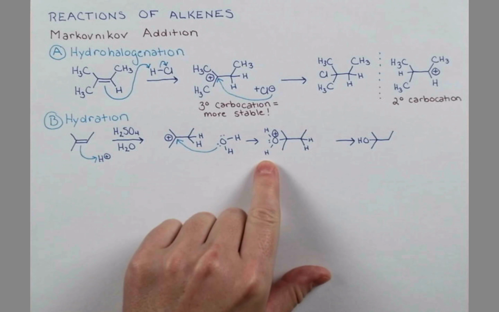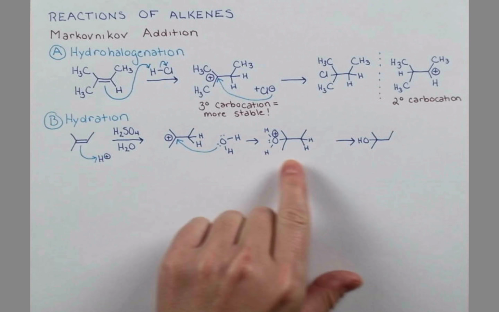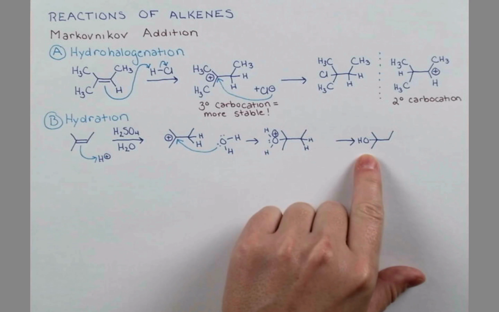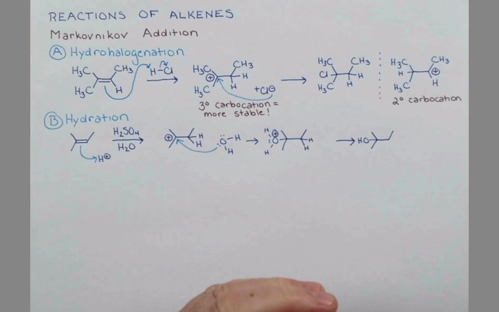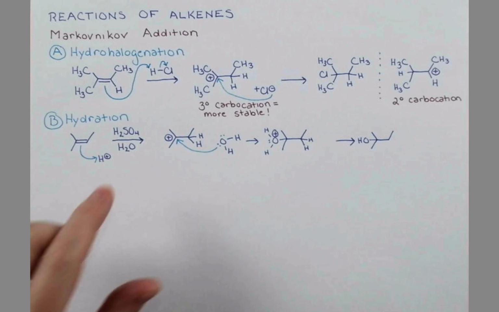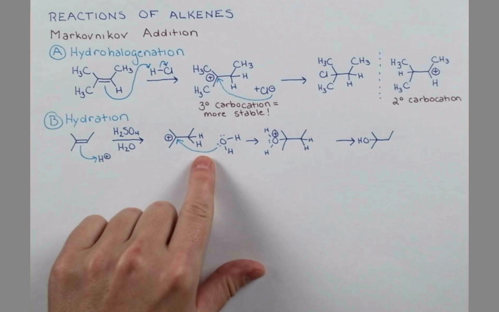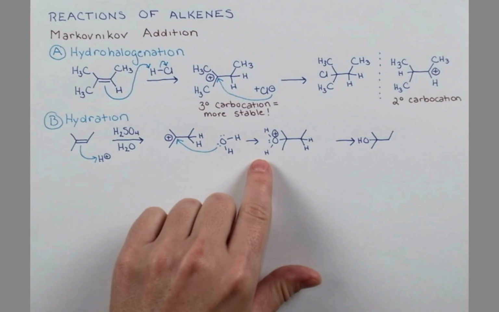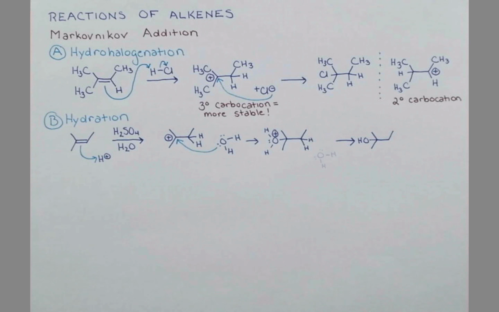Now, we haven't quite gotten to the product here because it's charged, and the ultimate product is an alcohol. So our best nucleophile, which is still water, the thing that attacked with its electrons, is going to come in and deprotonate this. It's a nucleophile. Anything that ever attacks has to have extra electrons to attack with.